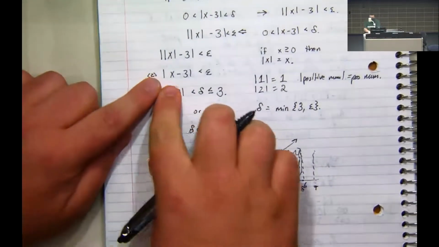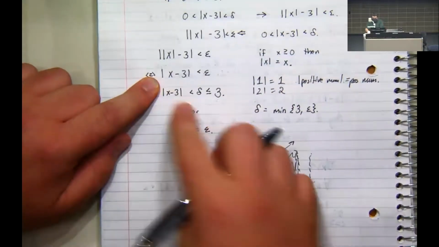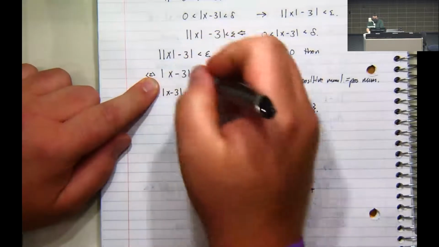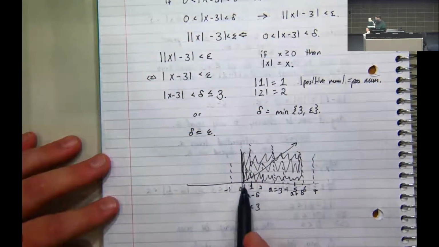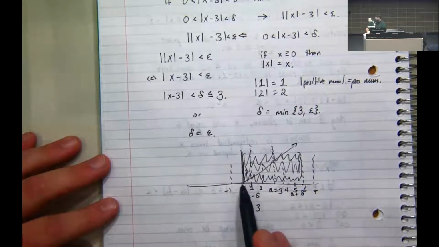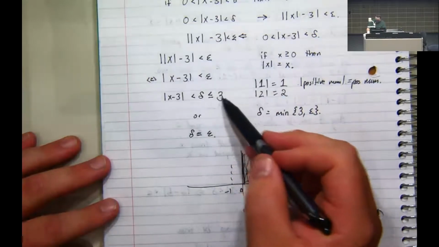And then what we're saying here is that since we're limiting our x values to positive numbers, that this is always going to be the distance between the bounds here. So 0 to 6 is your maximum area for delta, is less than or equal to 3.